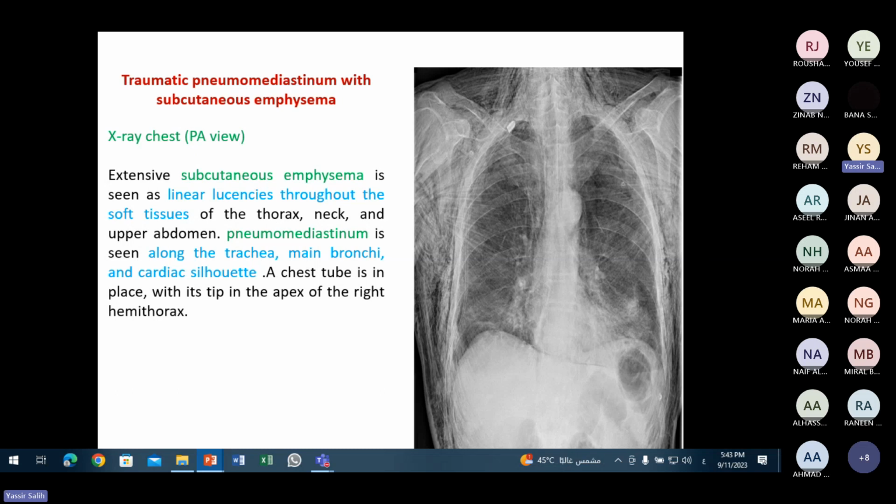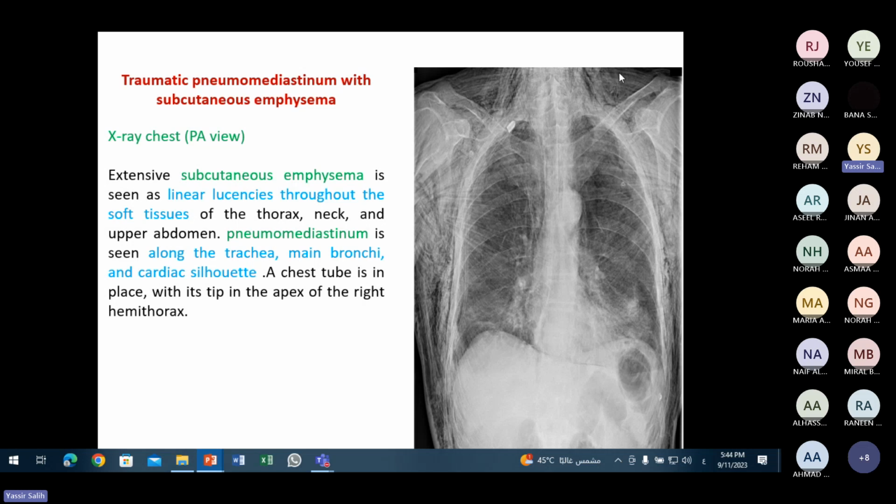In the soft tissue, the air escapes from the pleura, from the lung, due to this accident. There may be a fracture of the rib penetrating the pleura and the lung. The air escapes from the lung and accumulates in the subcutaneous tissue. Notice that this whole area has subcutaneous air.